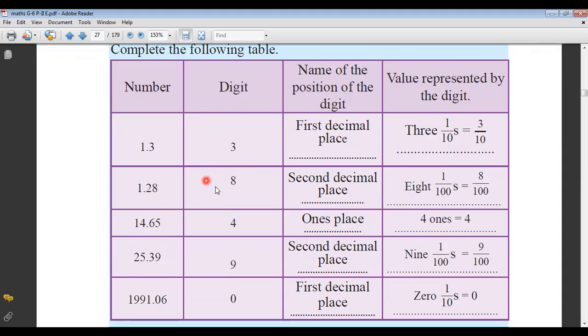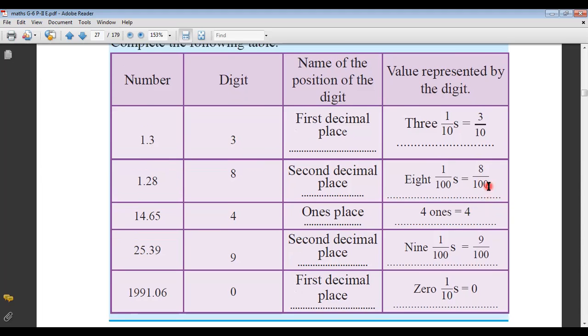How to write the value represented by the digit as a fraction? What is the value of this 8? There are two decimals, so 8 out of 100. Two decimals means 100, three decimals means 1000. So 8 out of 100.